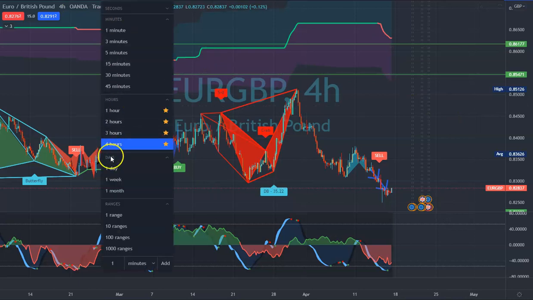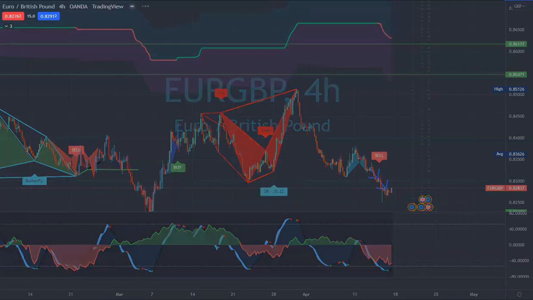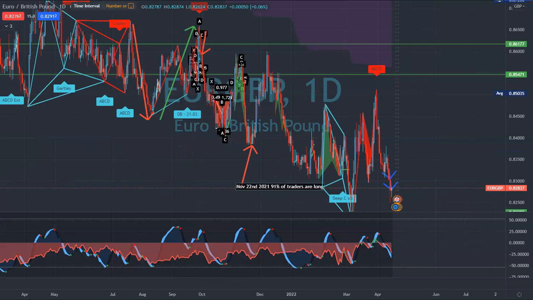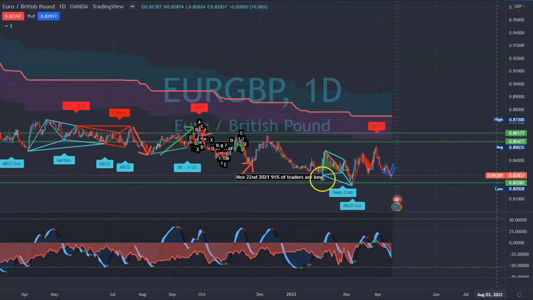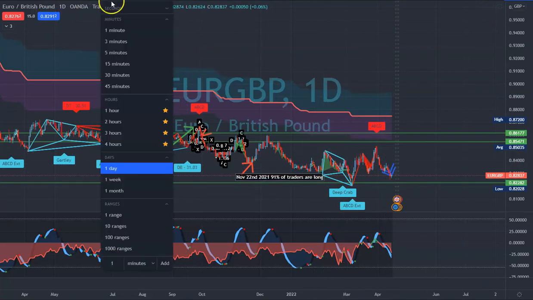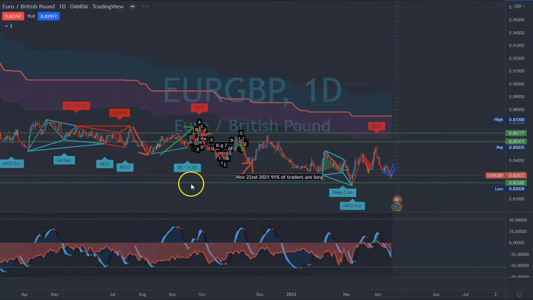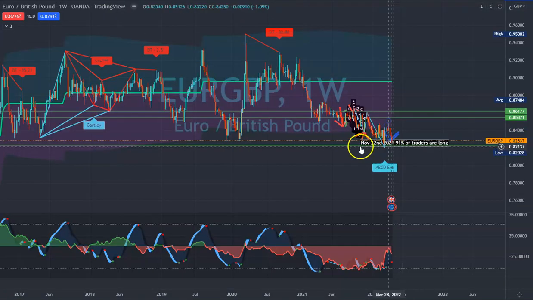Let's look at the weekly. Is that a daily? It's fulfilled. The weekly. This should come up. It should come up here and hit this target.